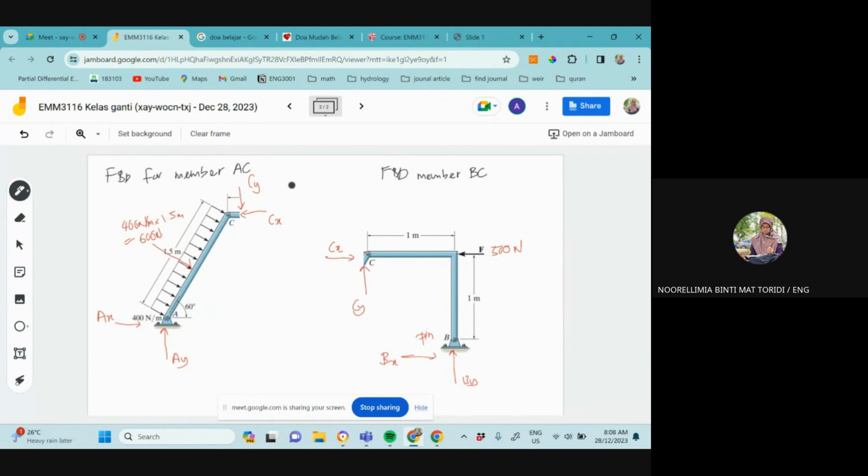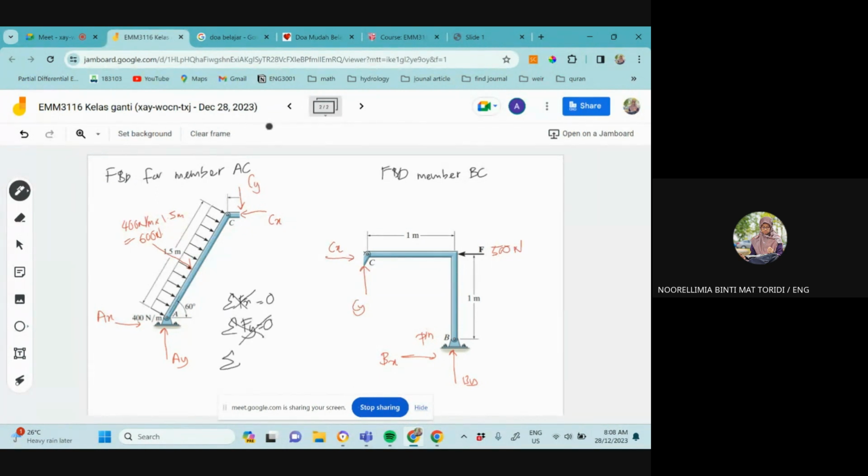So how do we solve this? Okay, ingat tak? If we have more than 2 unknowns, previously we used summation of Fx, summation of moment. Summation of Fx equal to 0 cannot be used. Summation of Fy equal to 0 also cannot be used.